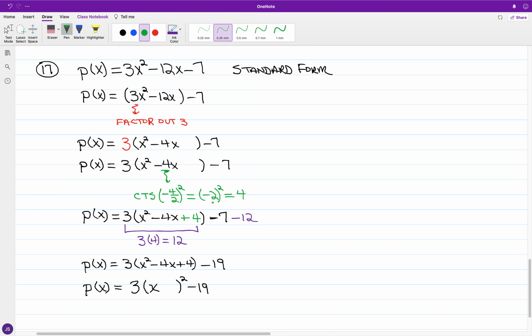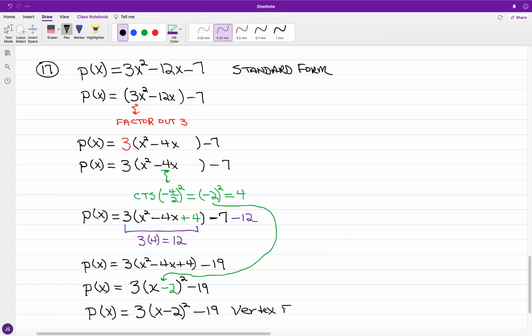In this case, we squared negative 2 to initiate the completion of the square process, so this is transported over to finalize the vertex form. So p of x is equal to 3 times the square of x minus 2, followed by the subtraction of 19. This is the resulting vertex form for this same function.